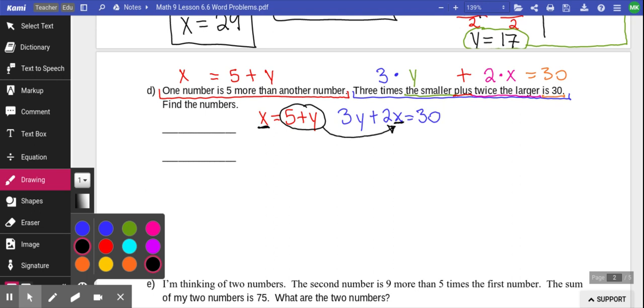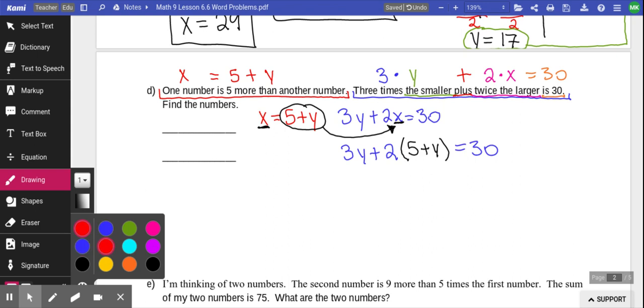So I can substitute it in over there, making my blue equation now 3y plus 2 times 5 plus y, and then equals 30. So that's the substitution step, right? I take one equation and I put it into the other equation.